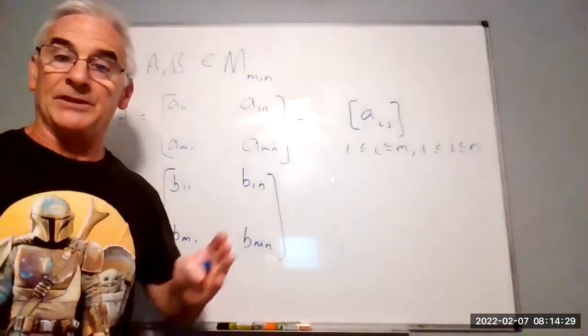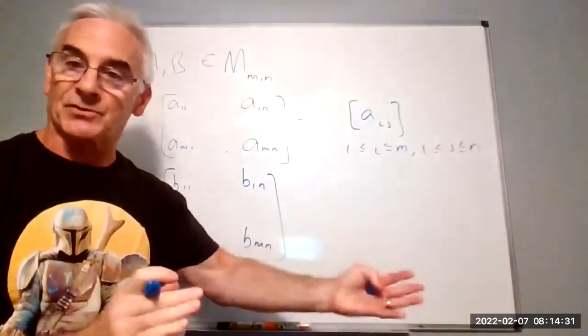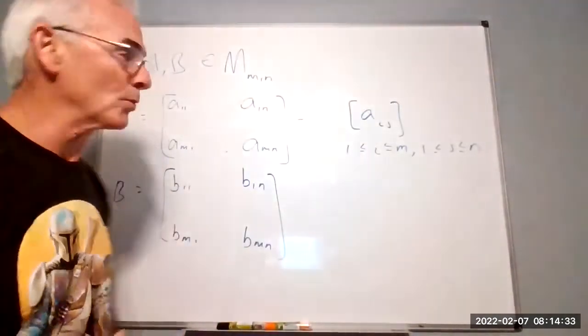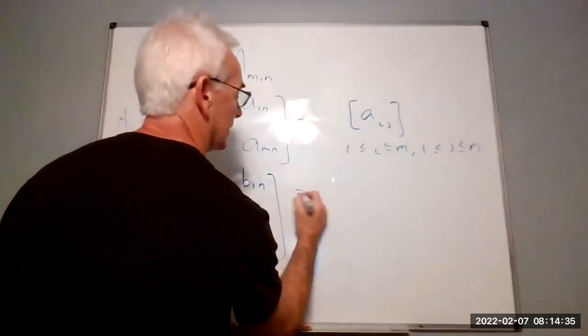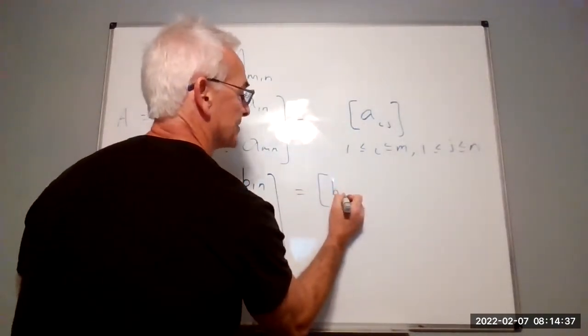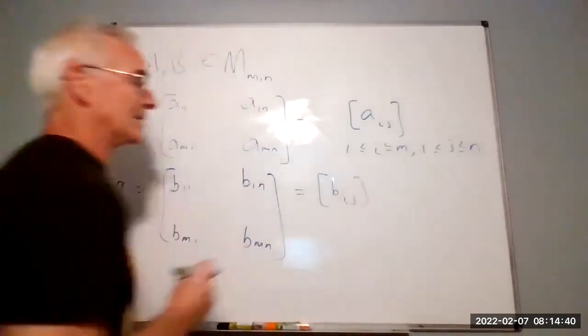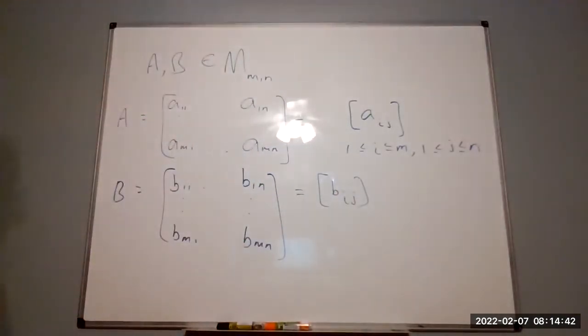It allows me to describe things in a simpler way. And then we do the same thing here. This represents the matrix of Bij's.